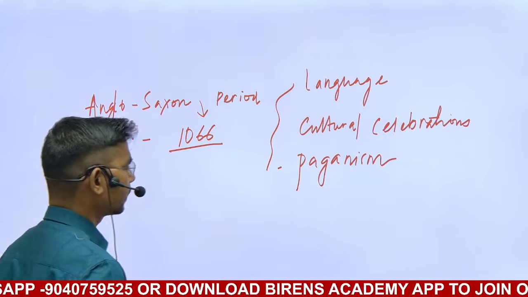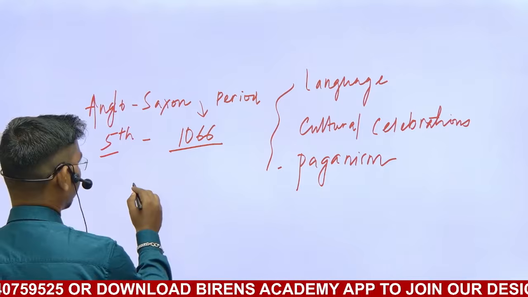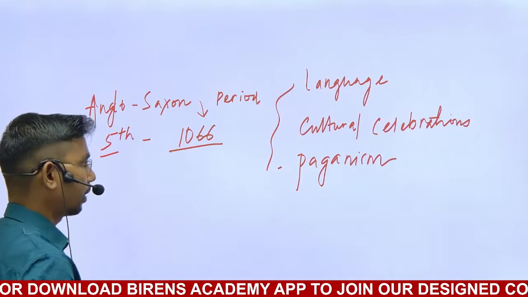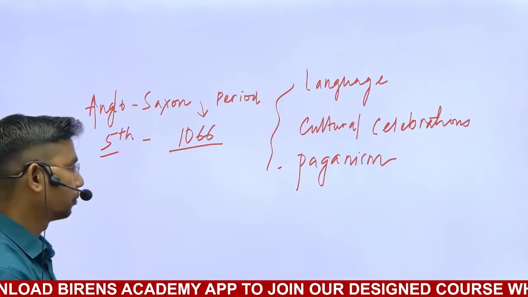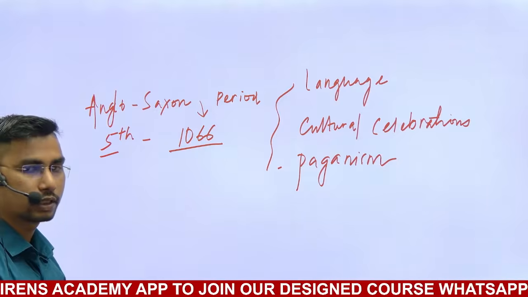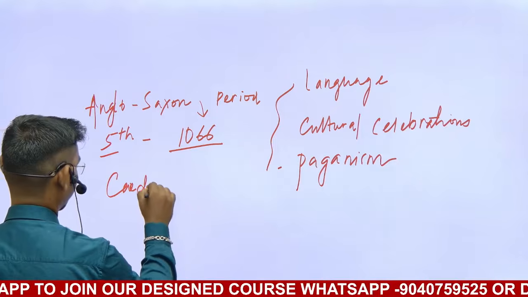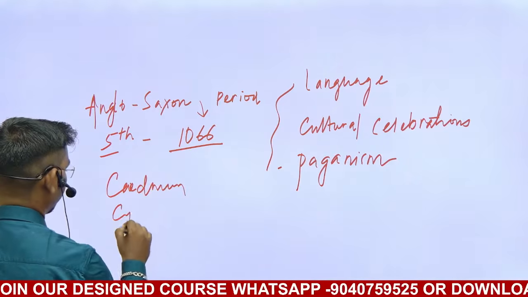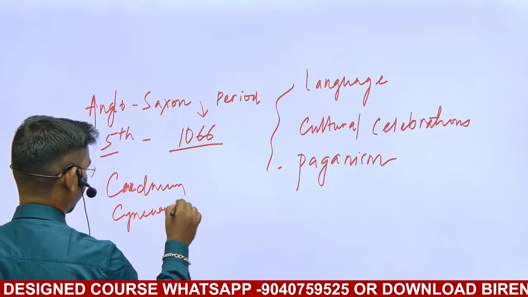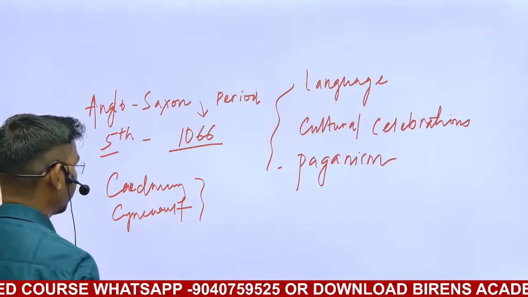In this time, there are a few authors, such as Caedmon and Cynewulf. These are two very famous poets.